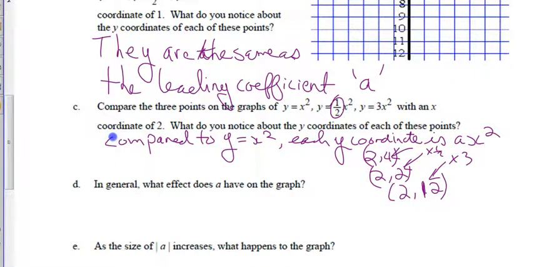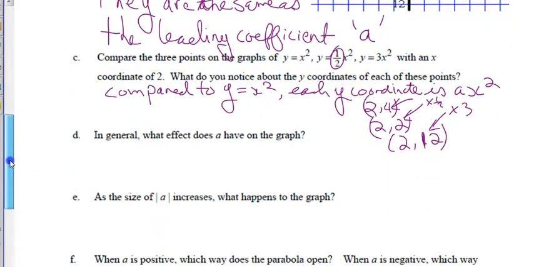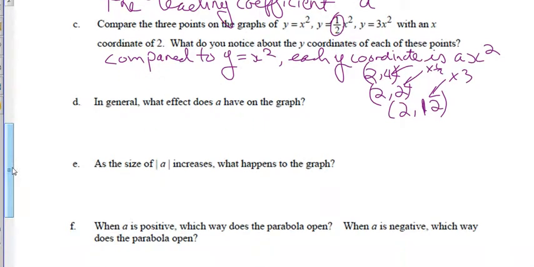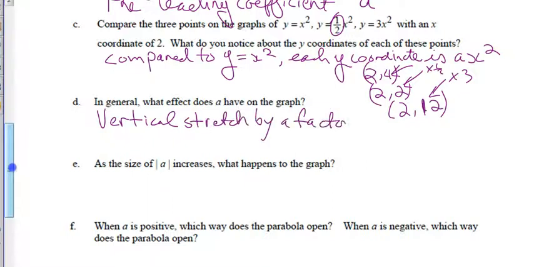So in general, what effect does A have on the graph? It's a vertical stretch by a factor of A. Let's clear this out.